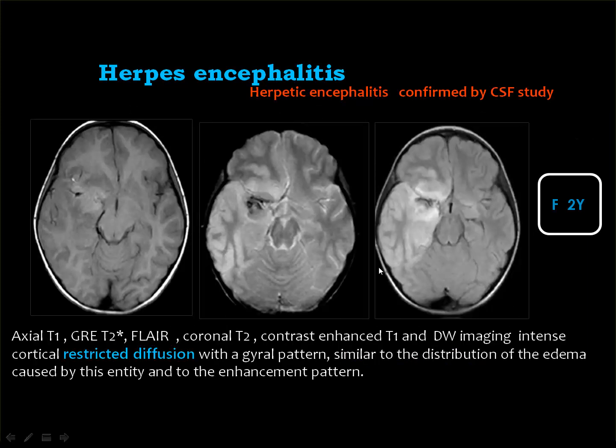In this particular example, you see a girl, 2 years old, who has already been diagnosed, confirmed to have herpes encephalitis by CSF analysis. You see a lesion in the temporal lobe on the right side. And this lesion is of bright signal in the T2 weighted image and the FLAIR, with a small focus, which is of a little bit intermediate signal in the T1 and dark signal in the T2, denoting hemorrhage.